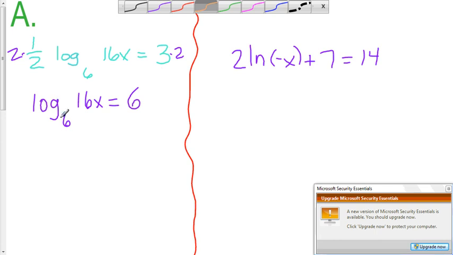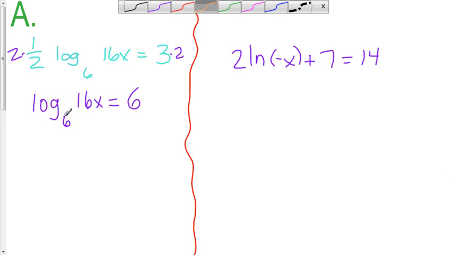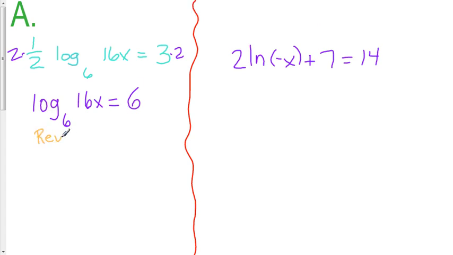Then to get rid of your logarithm, remember, you rewrite this as an exponential equation. This 6 becomes our base, this 6 becomes the exponent, and what it equals is 16x.